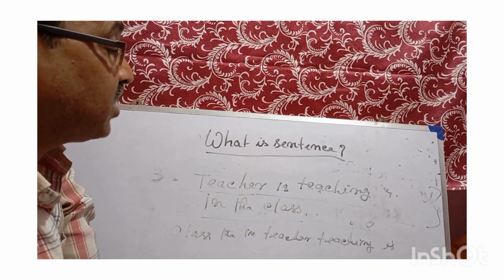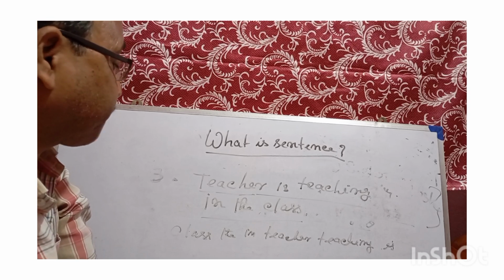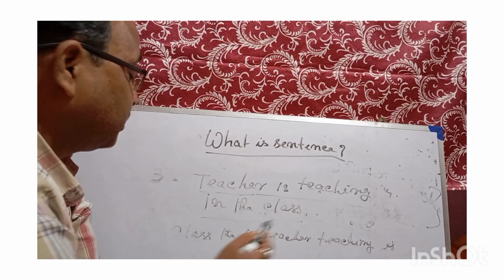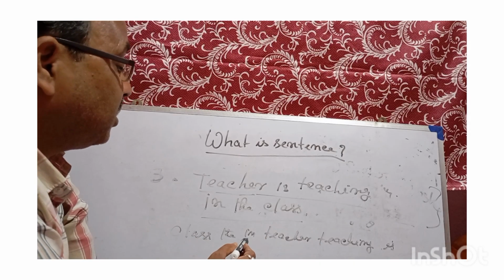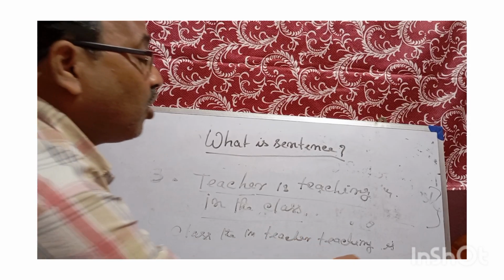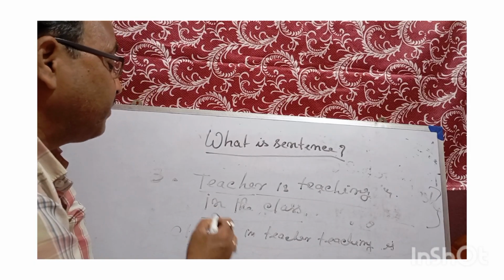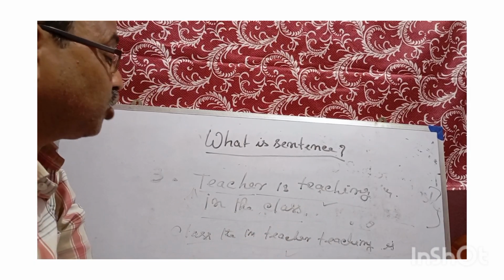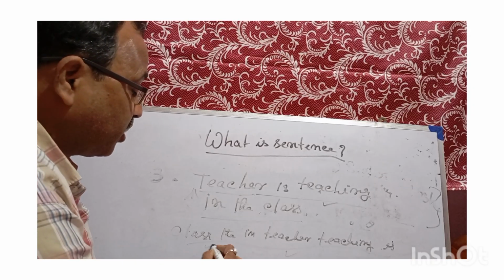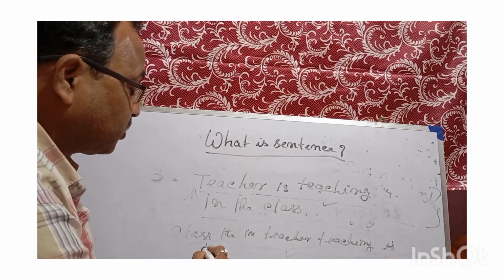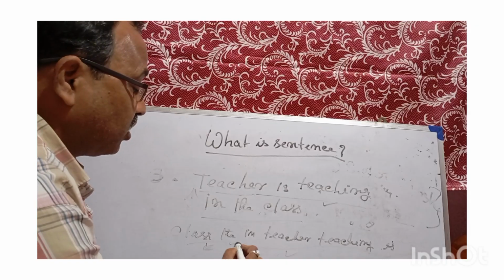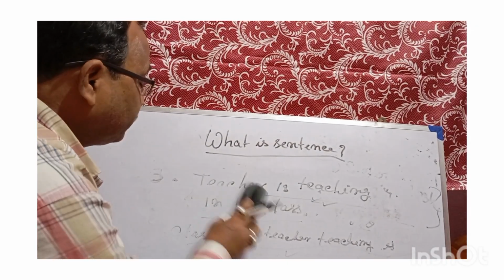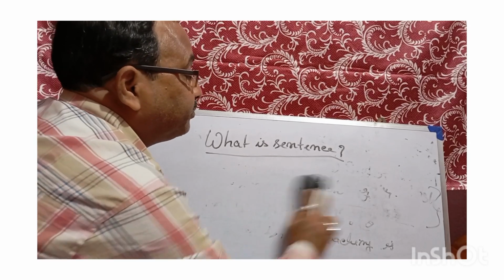All the words are written here, but it is not a sentence because it is not written in a proper way. So it does not indicate a meaning. So it is not called a sentence. Okay. Next, number four.